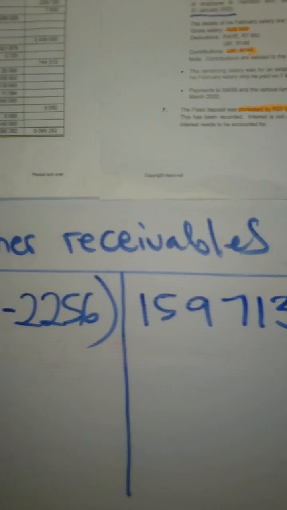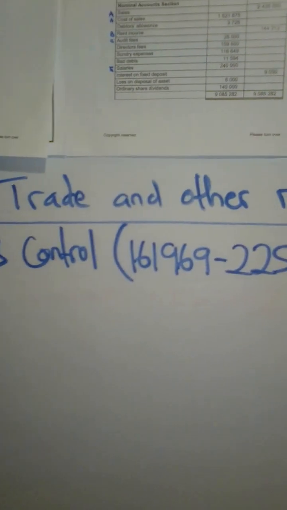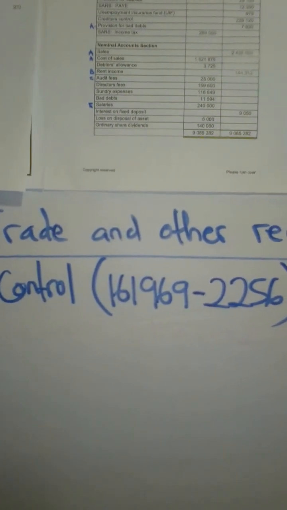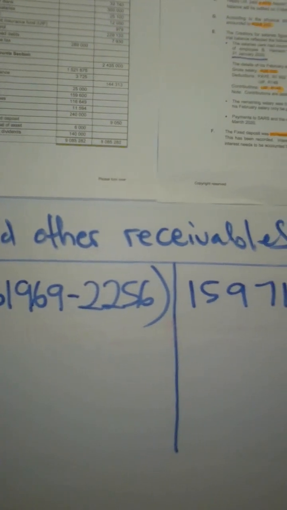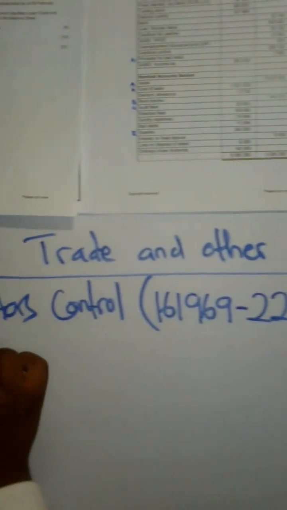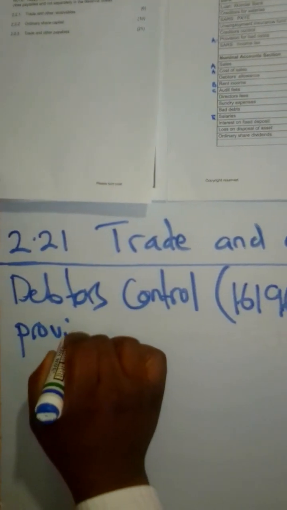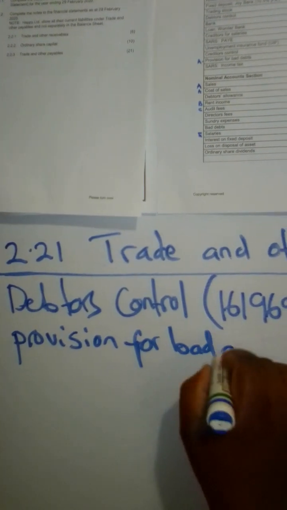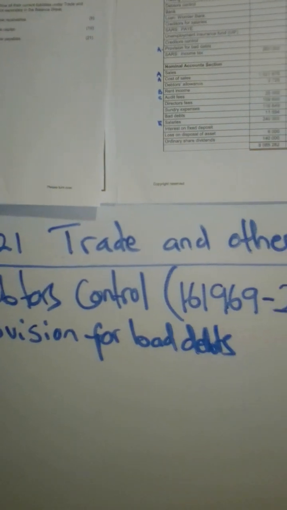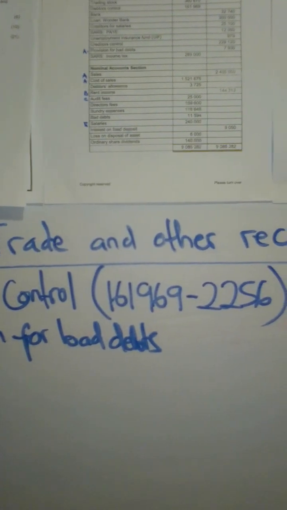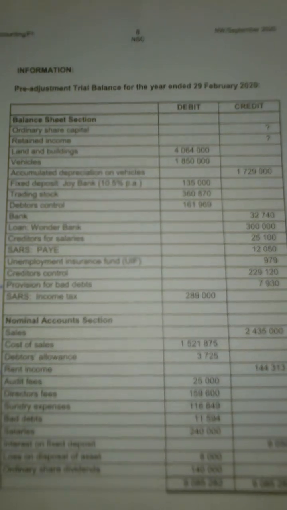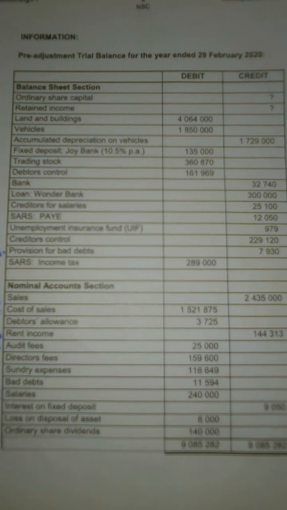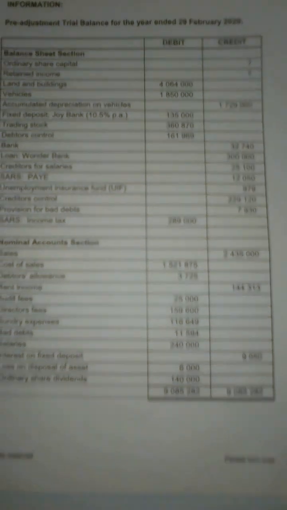159,713. After the debtors control, remember we first calculate our net trade debtors. We go on to recording the provision for bad debts. According to our question, the provision for bad debts here was 7,930.